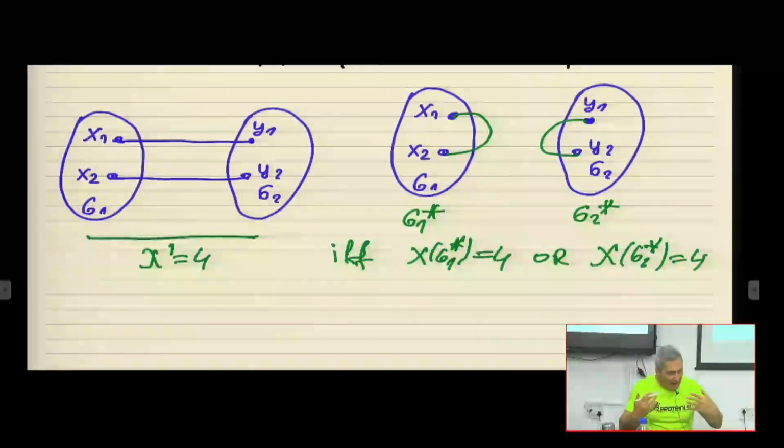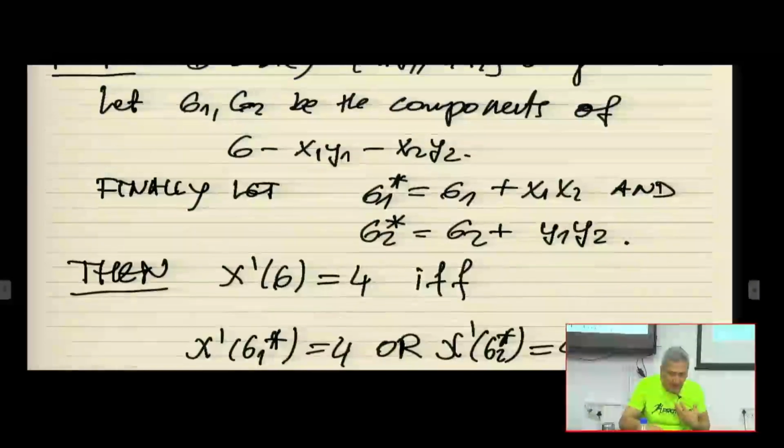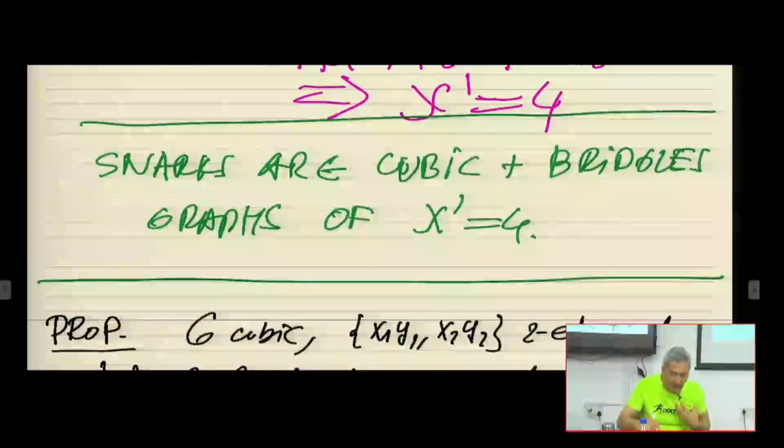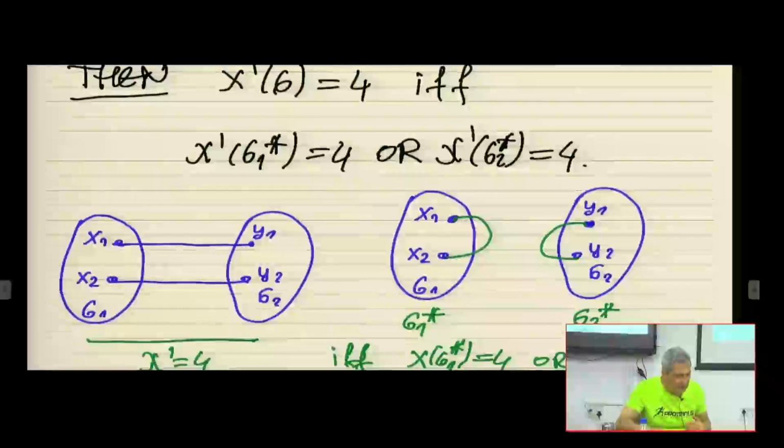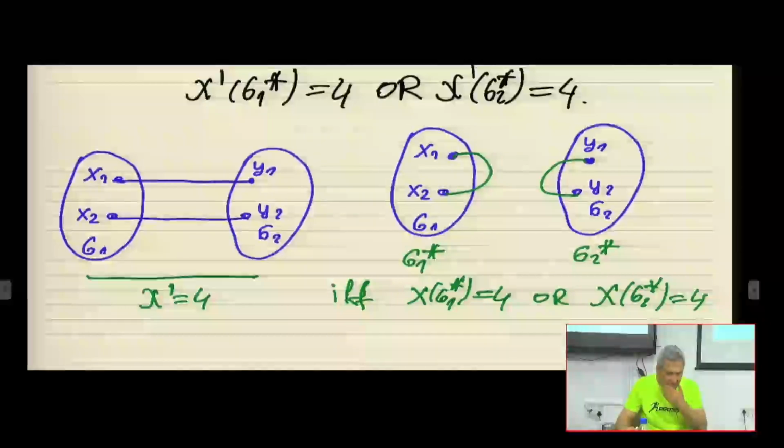So after this proposition, we will change our definition of snark. X1 may be adjacent to X2 already. What if in the original graph X1 is adjacent to X2? So we make an additional edge.